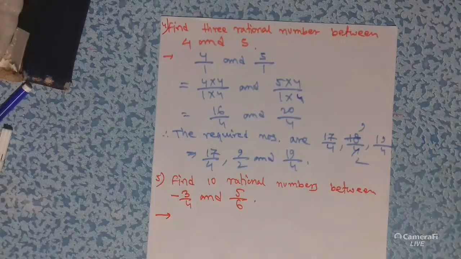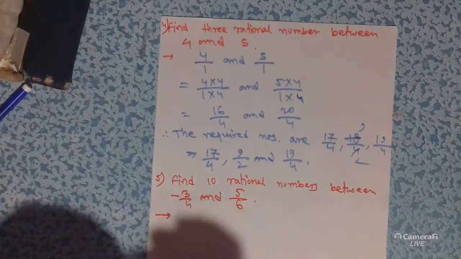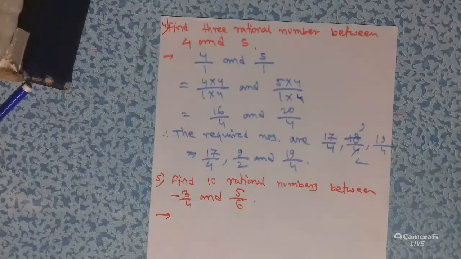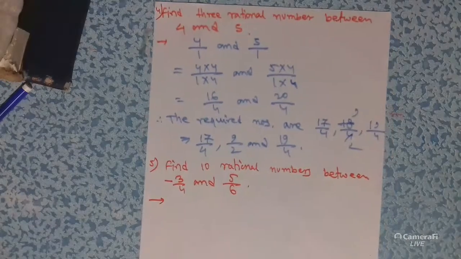Find 10 rational numbers between -3 by 4 and 5 by 6.